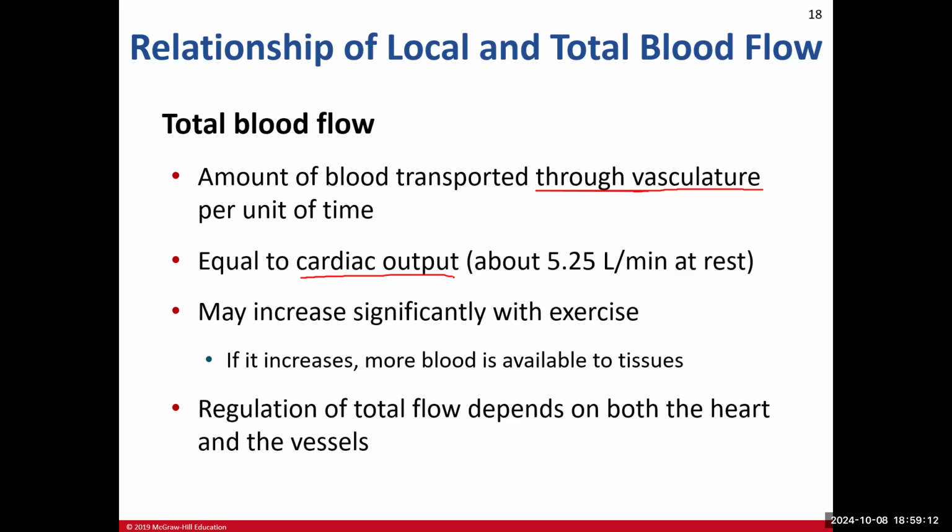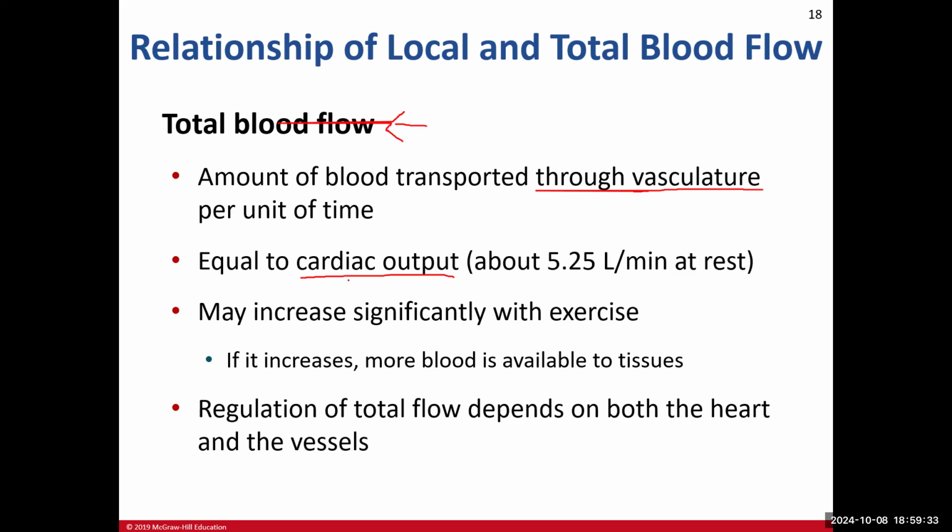So what's going to happen when you exercise? Your heart rate increases. Your stroke volume will also increase, so therefore your cardiac output should increase, which means your total blood flow should also increase, because if your heart's putting out more blood, you're going to get more blood flowing through your vasculature here, right?